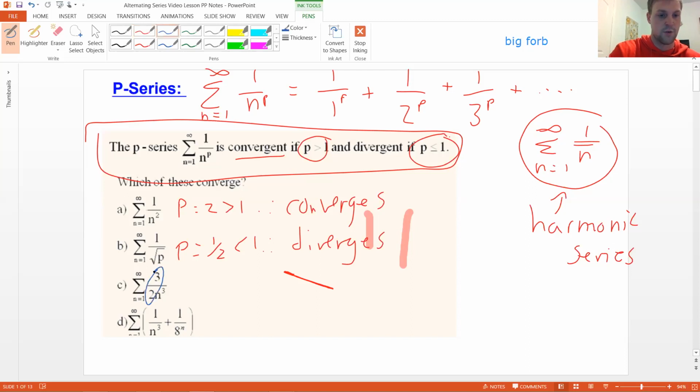So I'm going to take the 3/2 out because it's just a constant. This is like saying 3/2 times the summation n equals 1 to infinity of 1 over n cubed. And for 1 over n cubed, p is greater than 1, so it converges.